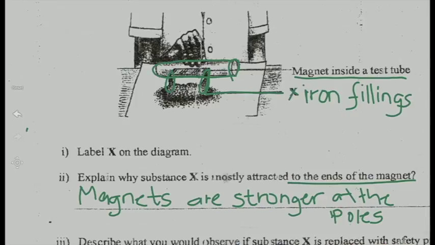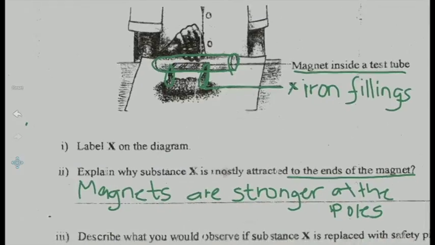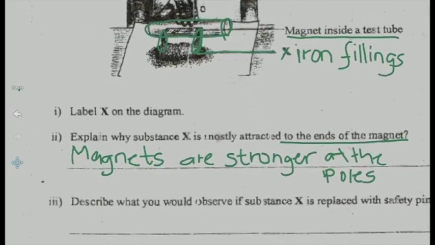The magnet inside the test tube is a bar magnet, which must be stronger at the North Pole and the South Pole.